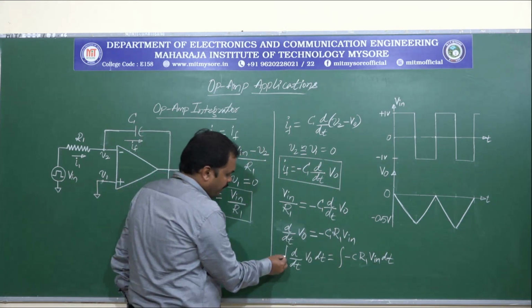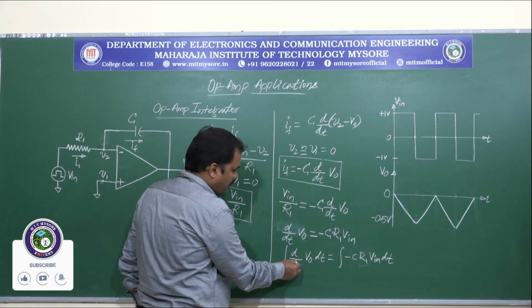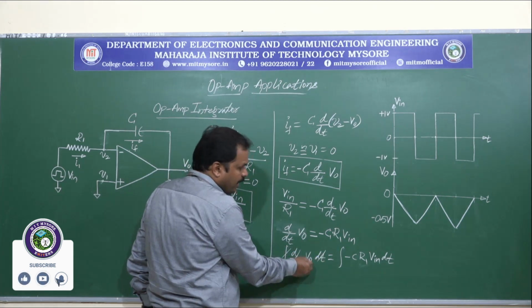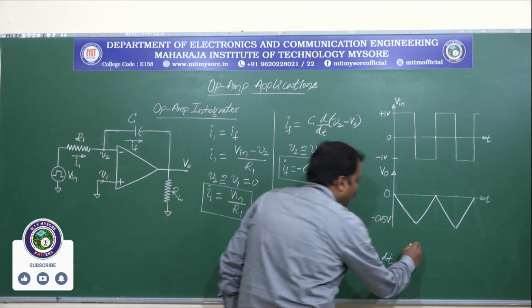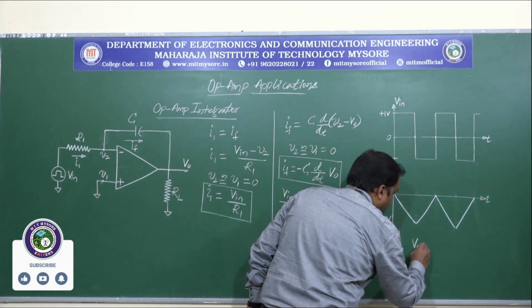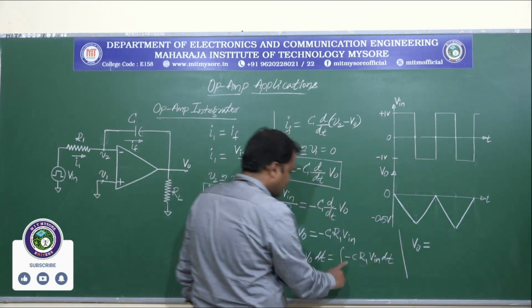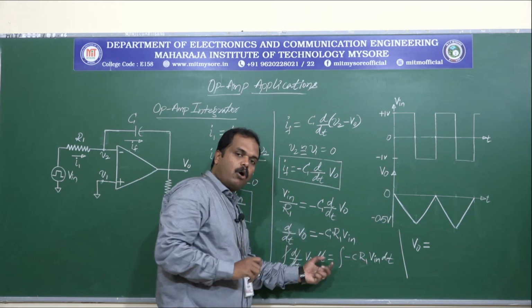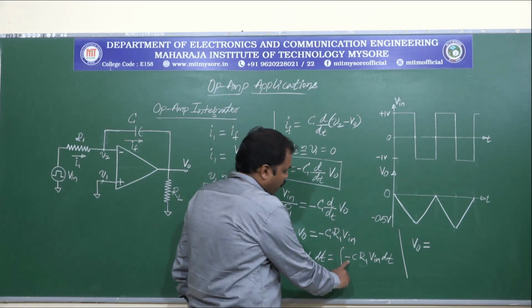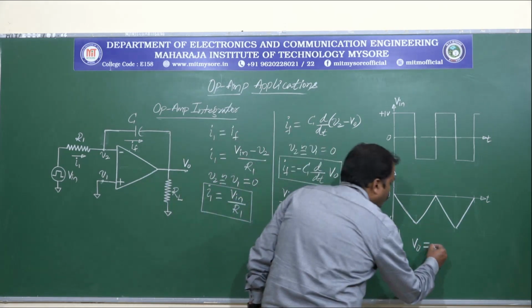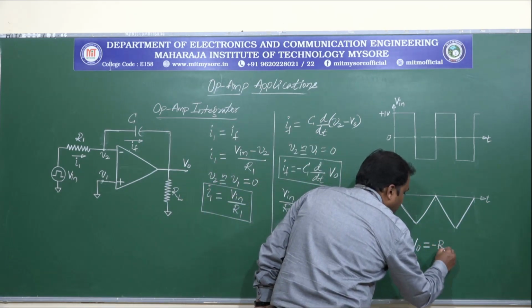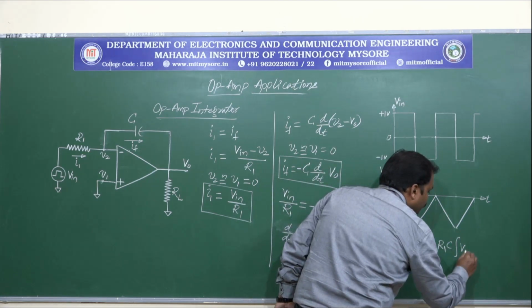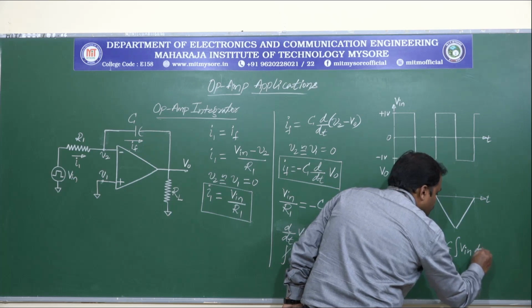So now here we have the integration and the differentiation. These cancel and we are left with V0. So V0 is given by minus 1 by R1 C, these two being constant values with the negative sign, which we keep outside of the integration, into the integration of Vin with respect to time.